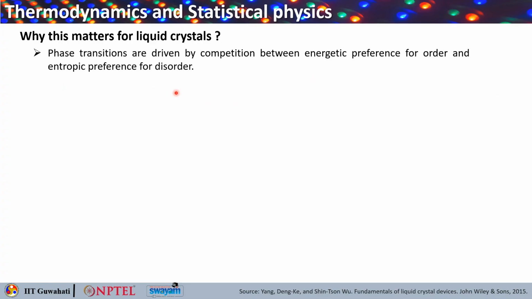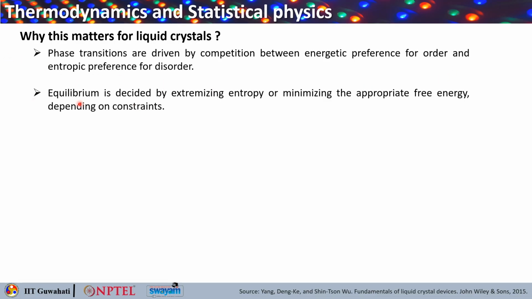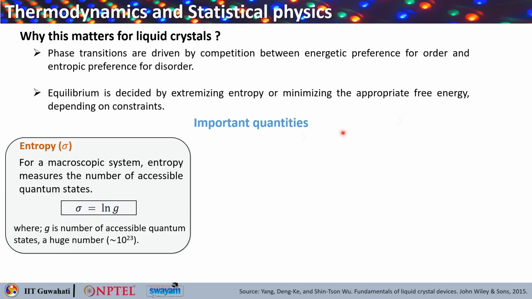We will see that the phase transitions are driven by competition between energetic preference for order and entropic preference for disorder. Okay. So, the equilibrium is decided by extremizing entropy or minimizing the appropriate free energy depending on the constraints.